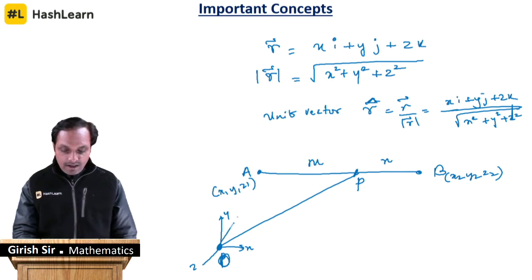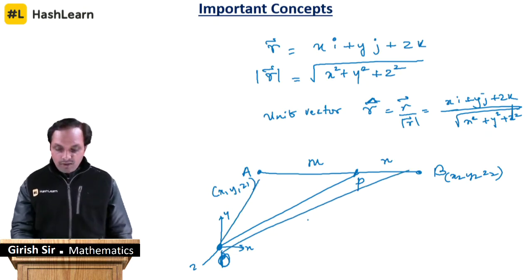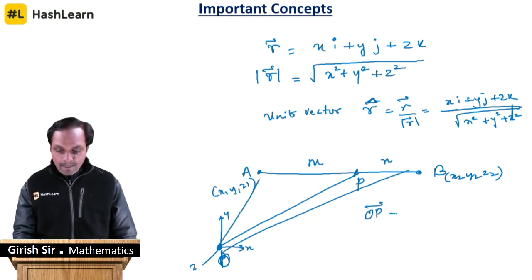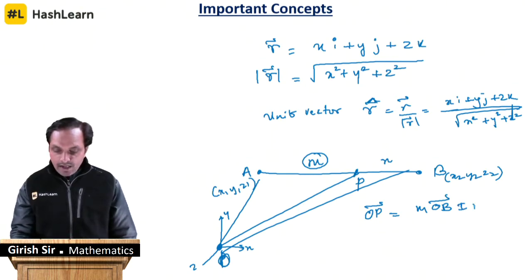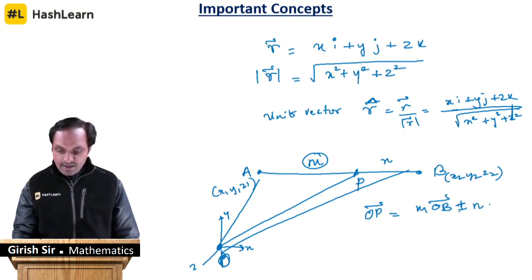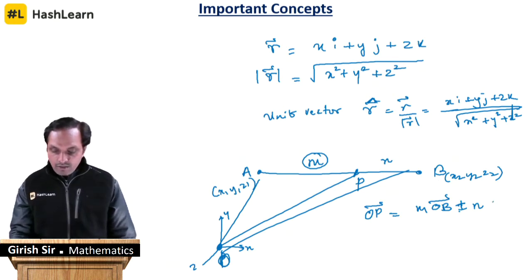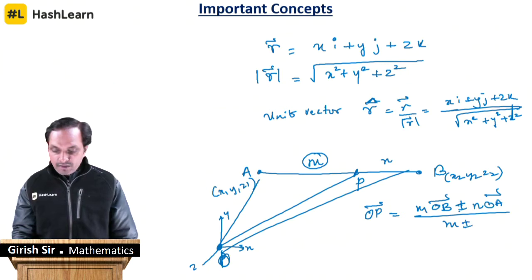So if you want to find the position vector of P, your OP vector is given by m times OB plus or minus n times OA, divided by m plus or minus n.